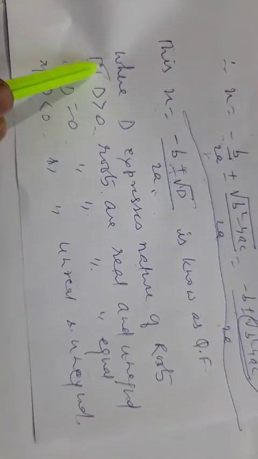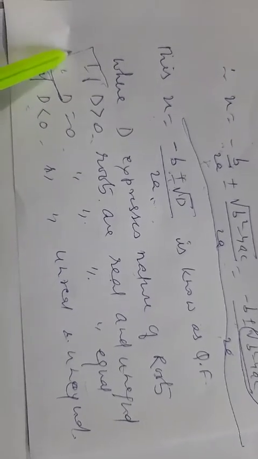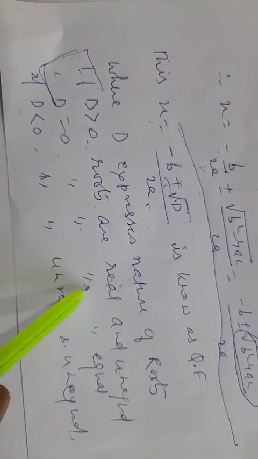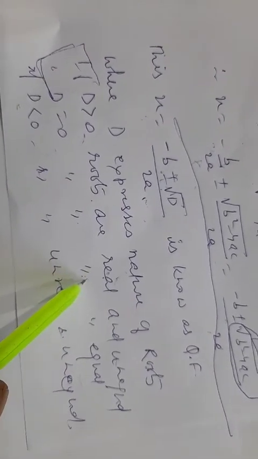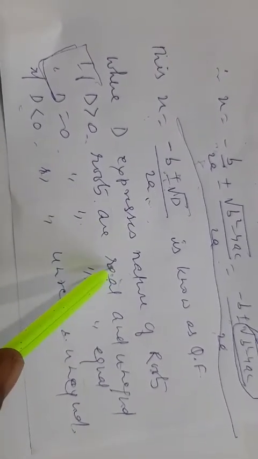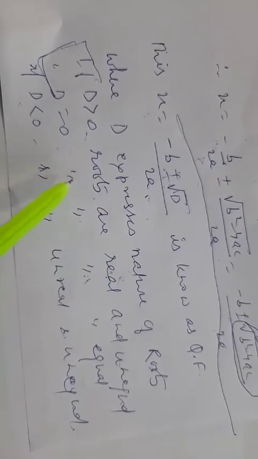So when D is equal to 0 or greater than 0, in those cases we have real roots. And since we have studied only real numbers, we have to solve the quadratic equation only in those cases in which D is greater than 0 or equal to 0.